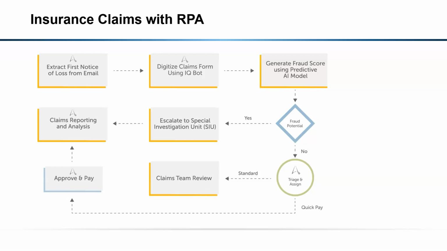If no, then let's go to the claims team to review it. If it seems to be fraud, then escalate to someone for a special investigation, and then they can do the client report analysis and then go to the client claims review team. By just eliminating the main factor, whether it is a fraud potential or not, you're saving a large amount of human hours to process thousands of claims in a day. So there is a good use case in the insurance industry.